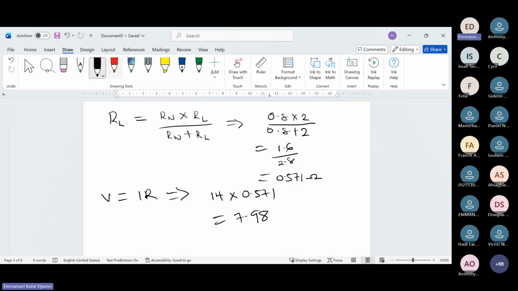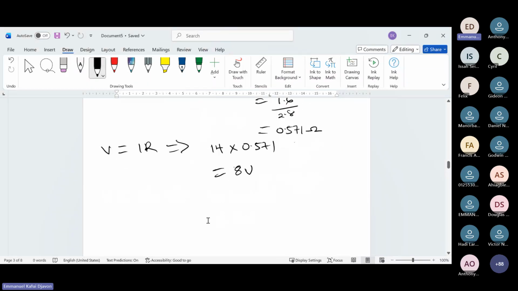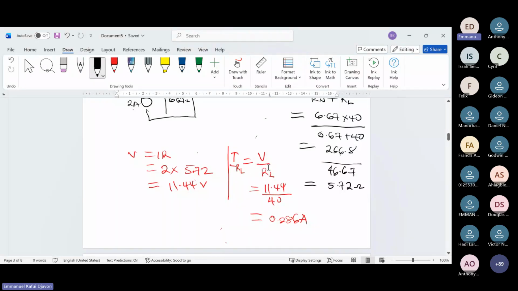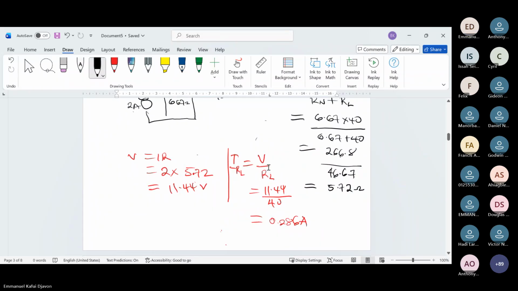14 times 0.571, right? Yes, sir. So 8 volts. Now you know the voltage, and you want to get the current.